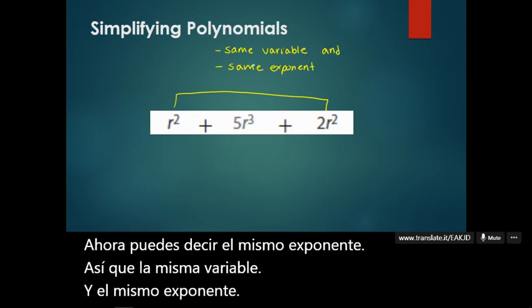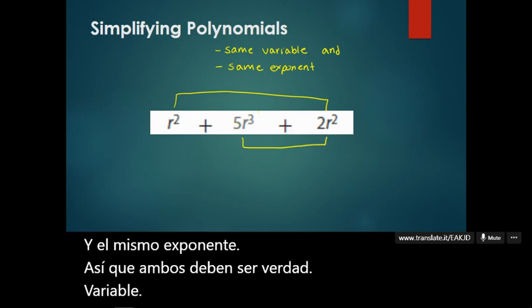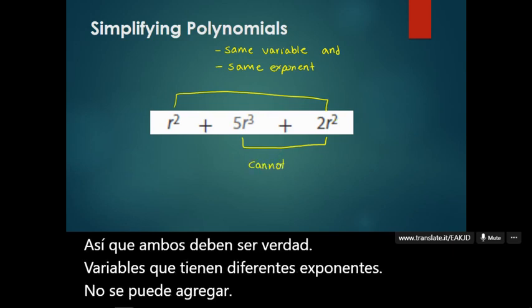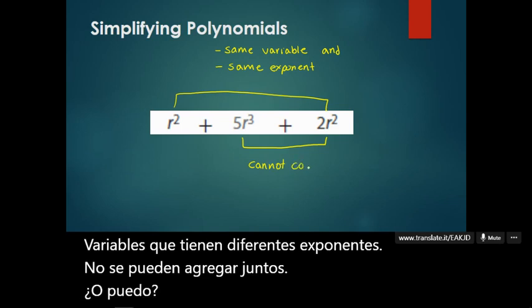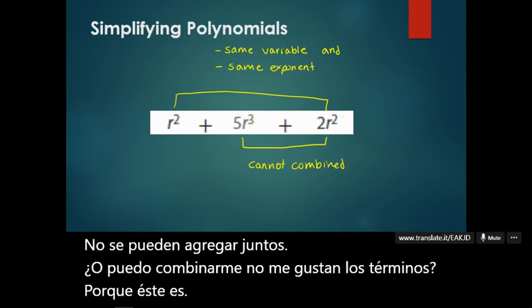So both of these must be true. Variables that have different exponents cannot be added together or cannot be combined. They're not like terms, because this one is r to the 3 and this one's r to the second.